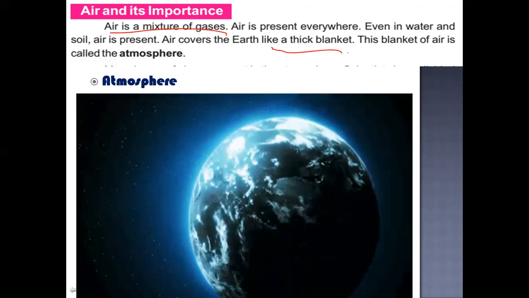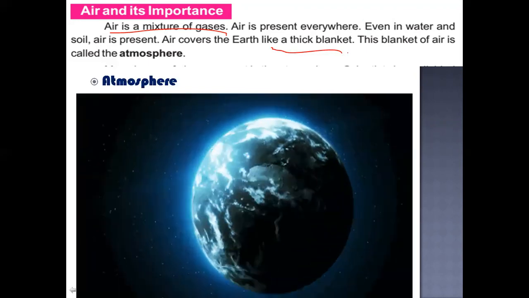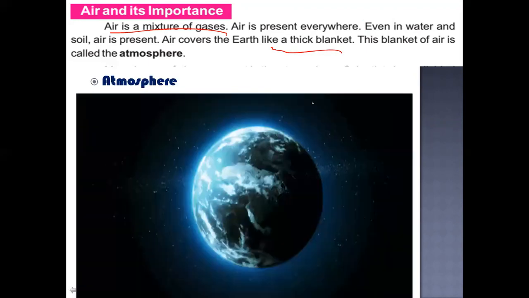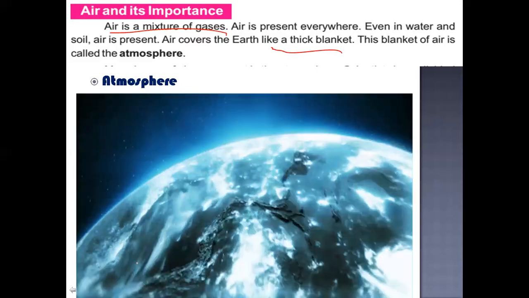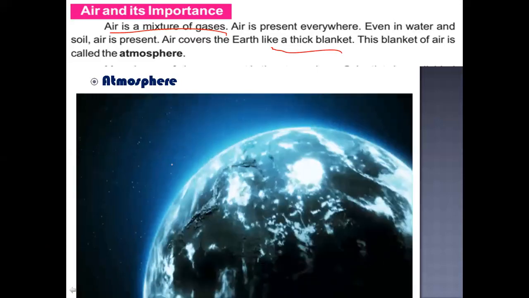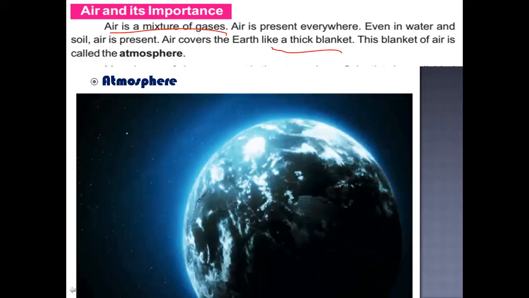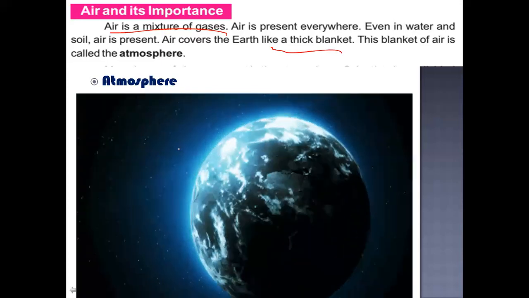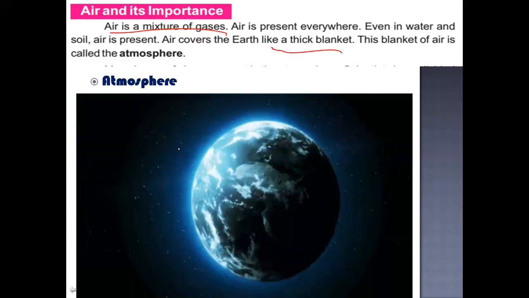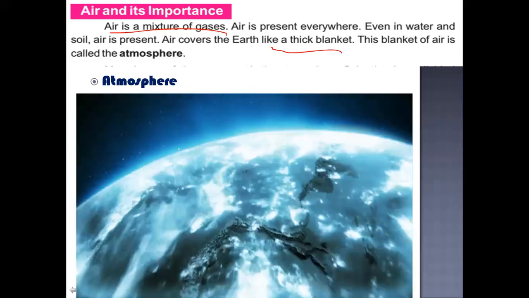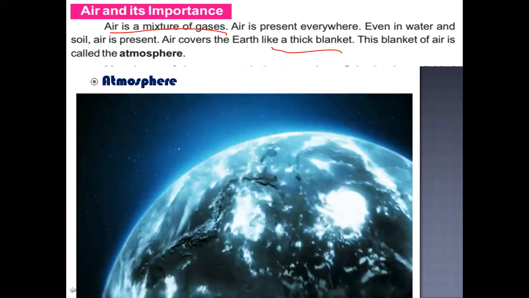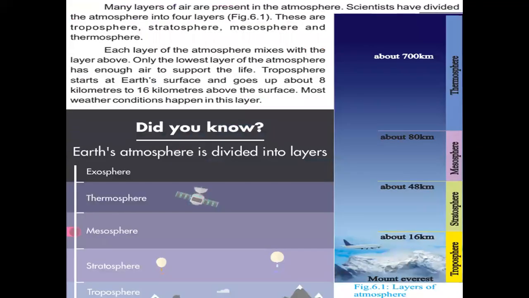You can see in this image, in this graphics, that air is covering with lots of layers around it. If you see these layers, these layers collectively are called atmosphere, which covers the earth.